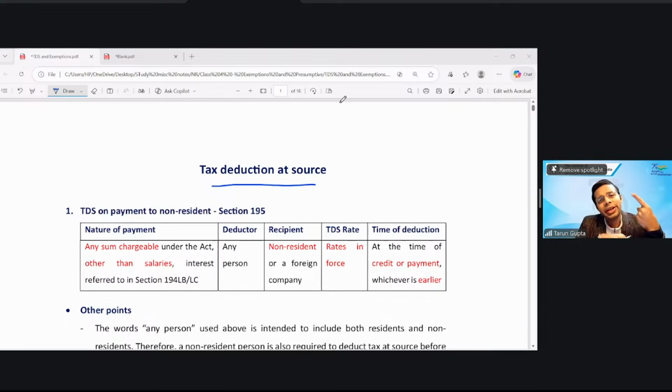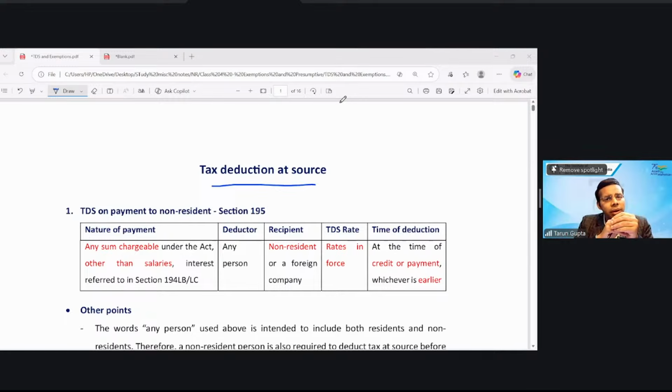One, which create chargeability, chargeable provisions. Then we have the computational provisions. TDS is a withholding tax, but what type of provision is it? It's not chargeable. It does not create a chargeability. It's not computational. Then we have the recovery provision, which provides how the tax which is computed will be recovered. So TDS comes under the recovery provision.